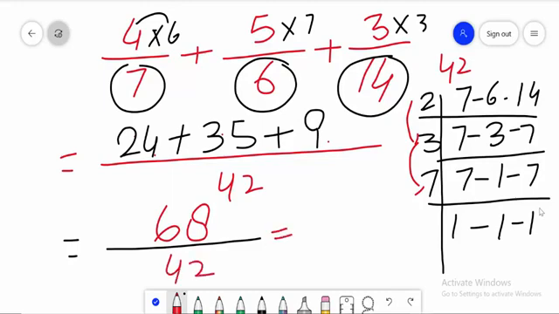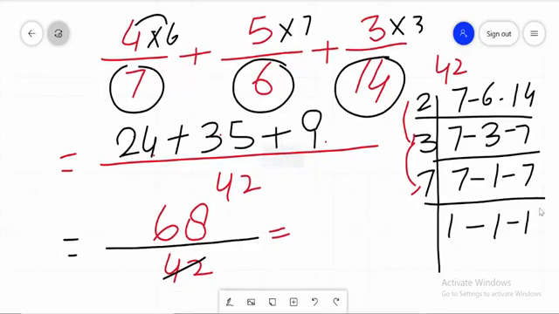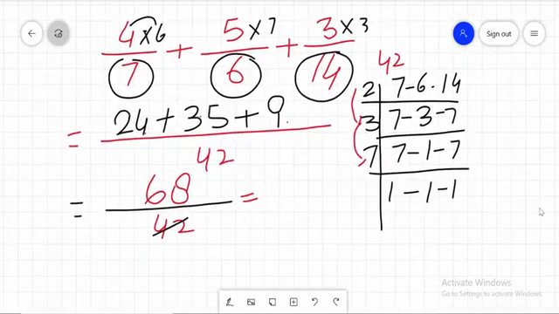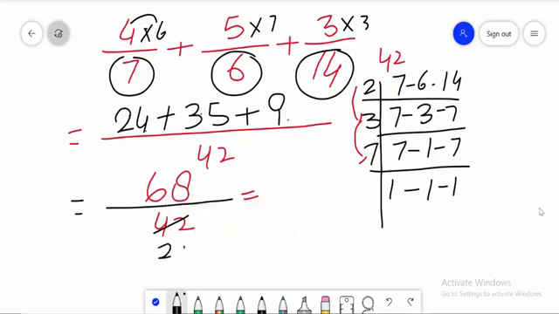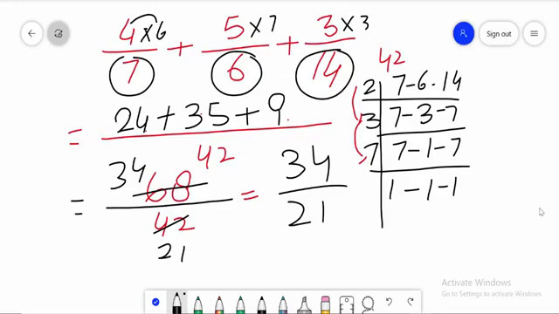Now we can divide this value by 2: 2 2s are 4... So 34 over 21 is the answer of this fraction. Further we can process it to write it as a mixed fraction, but I am not proceeding further.